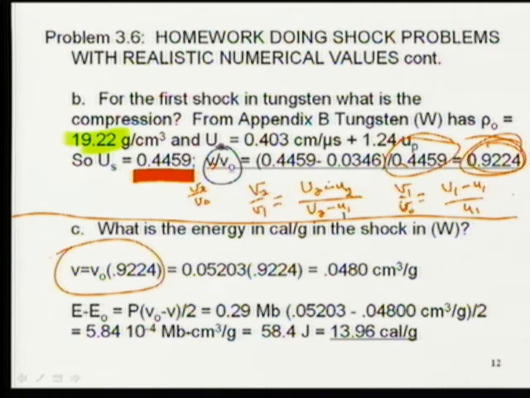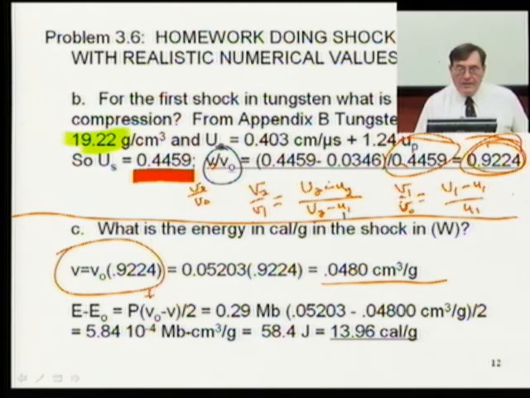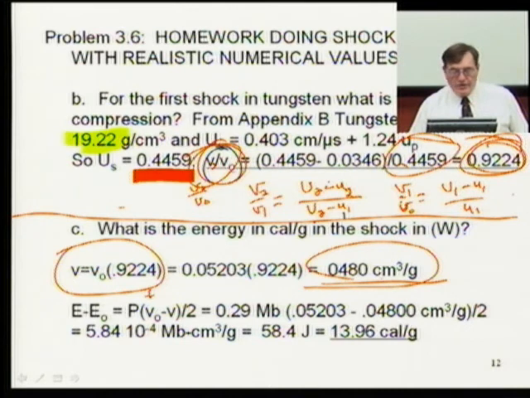So this would be true, but again, this answer is going to be slightly off, but at least the procedure is correct. You need V0 also, and you need V to solve the energy. V0, of course, is the initial density, 1 over the density, and V is the solution of up here. So once you substitute that in, then you would have the correct energy.